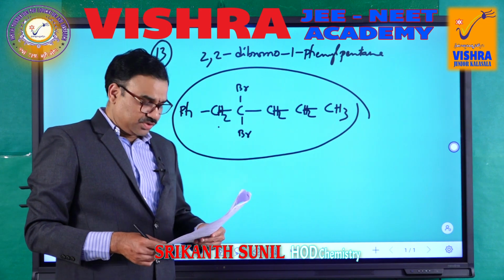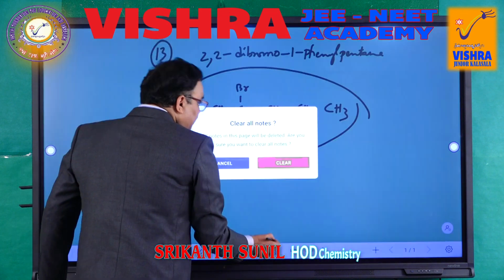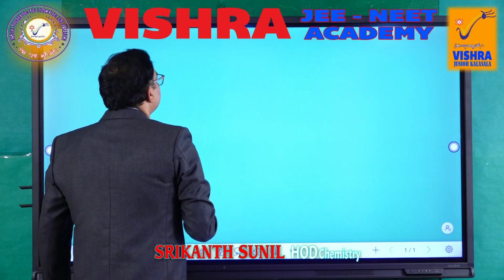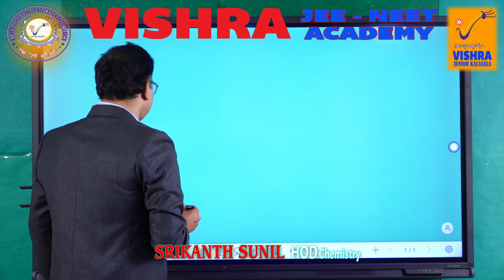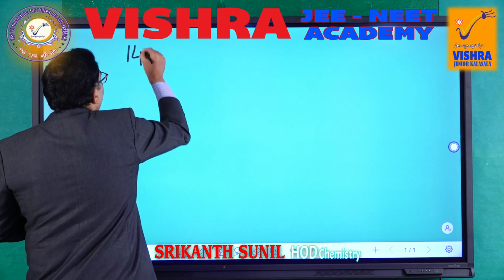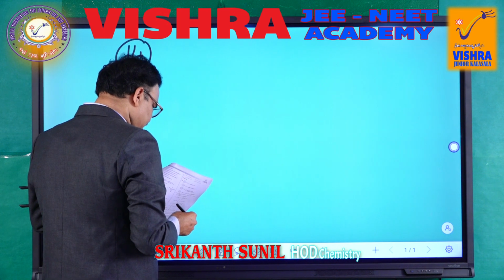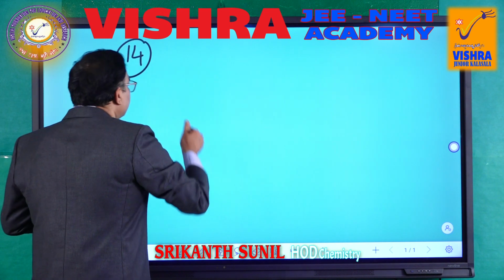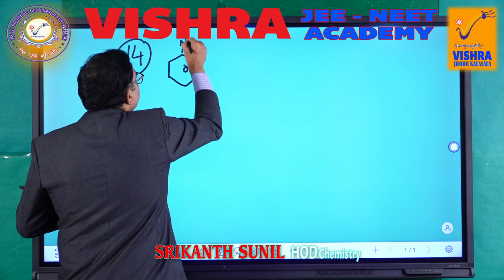Yes, students, let us move on to the 14th question. We are explaining the 31st of January evening session question paper of chemistry. Question 14. The statement is like this: aniline on reaction with concentrated H2SO4. What is aniline? This one is aniline, NH2.